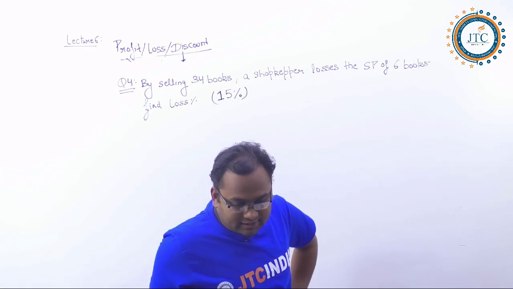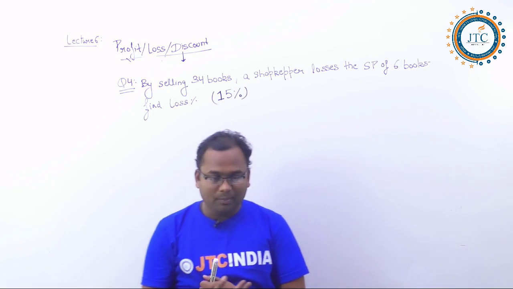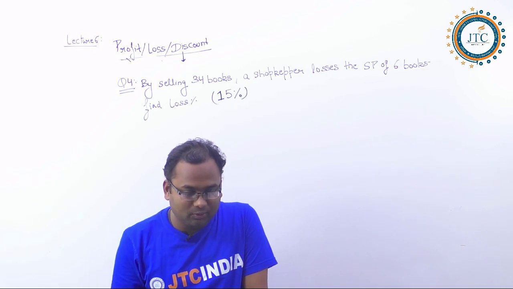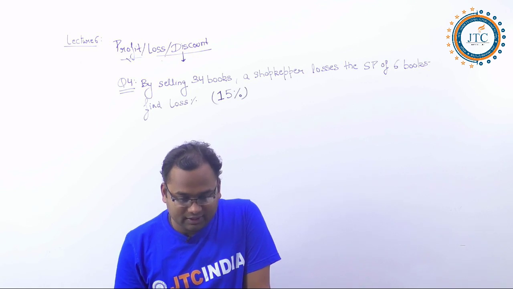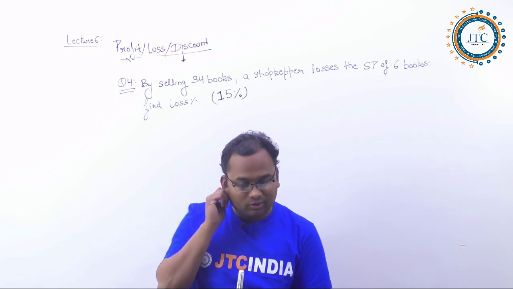Basically the question says that by selling 34 books, a shopkeeper loses the selling price of 6 books. Then find loss percent. So students, how can we solve this question?